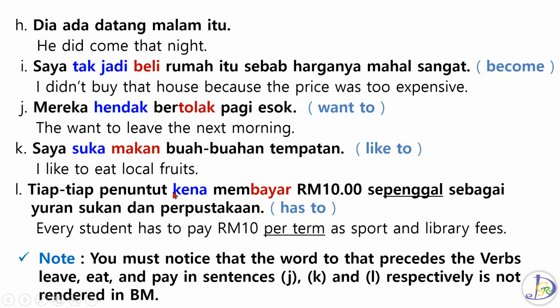Every student has to pay RM10 per term as sports and library fees. Note, you must notice that the word to that precedes the verbs live, eat and pay in sentence J, K, L respectively is not rendered in Bahasa Melayu.